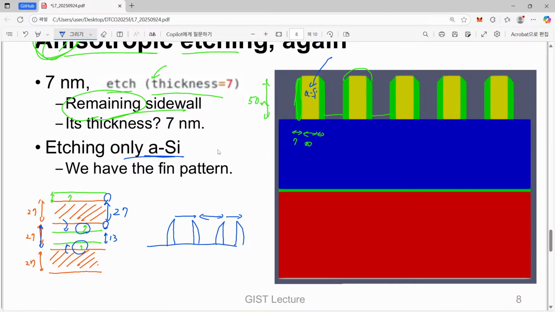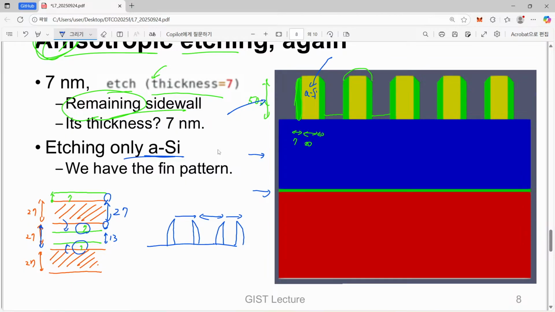That will be our final fin patterning. Up to now, what we have done is the patterning on top of this peroxide silicon nitride, and here we have a patterned one.